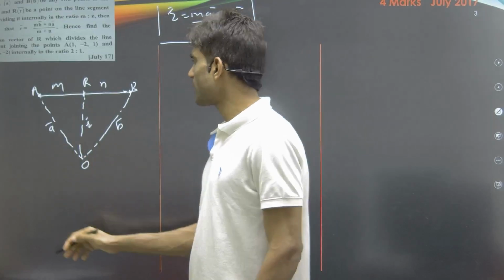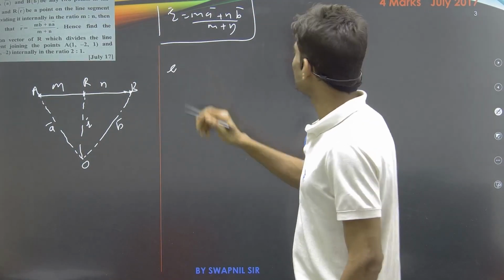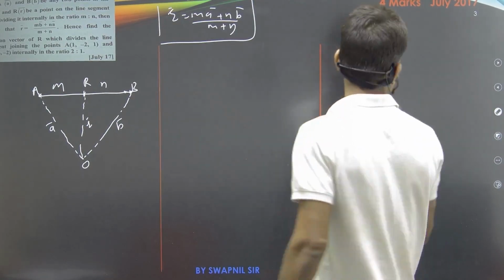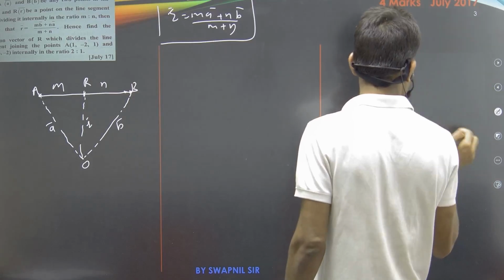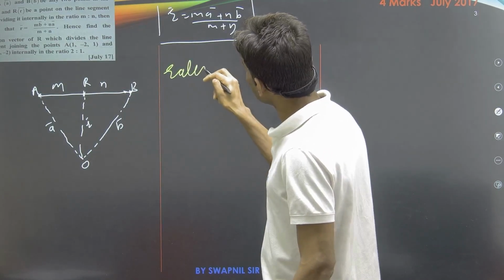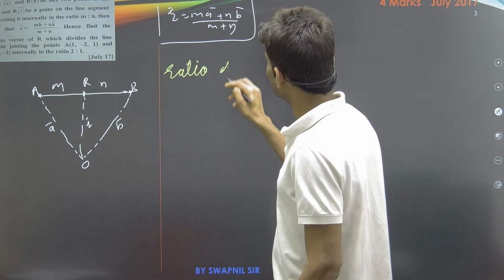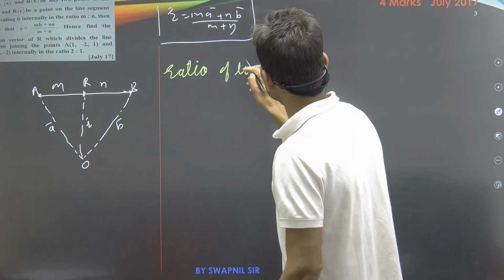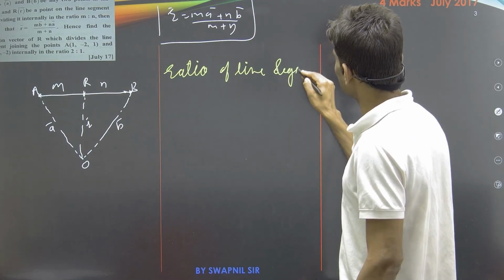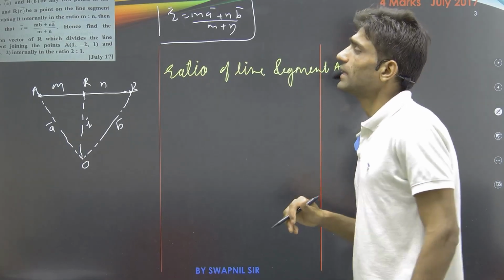Now write down the ratios between the points. So we are going to write the ratios between these points, the ratios of line segment AB.